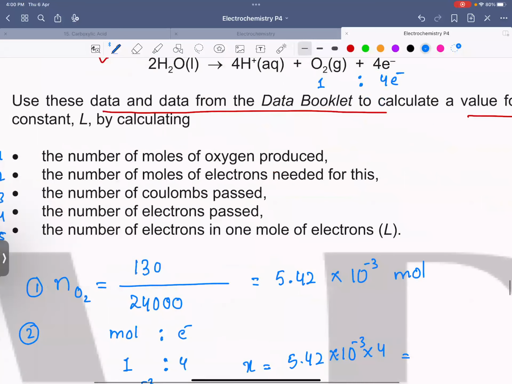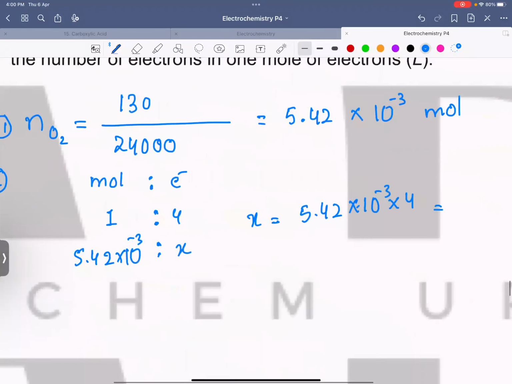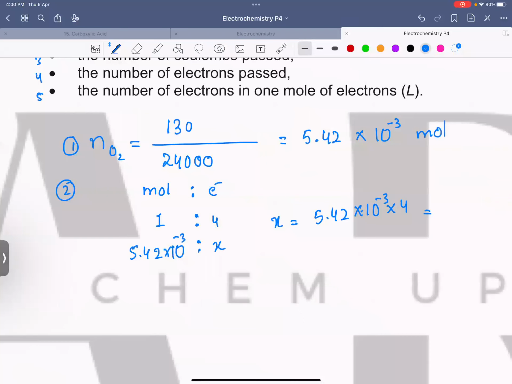For 1 mole of oxygen, I need 4 electrons. So if I found the moles of oxygen over here, these moles need x moles of electrons. So to find the x, I have to multiply it with 4. So what is the answer over here?